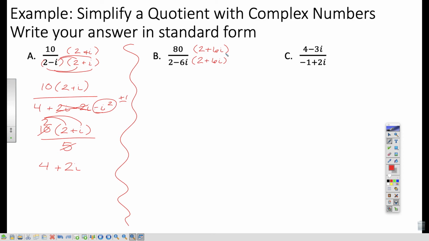You have to FOIL it. Forgot about that. And don't forget to put your parentheses there, guys. Does that change the problem completely? Yeah. You're not just distributing negative 6i, you're distributing the whole thing, right? So parentheses do count. I hate that books, like, I think they're trying to save ink. You need parentheses around things.